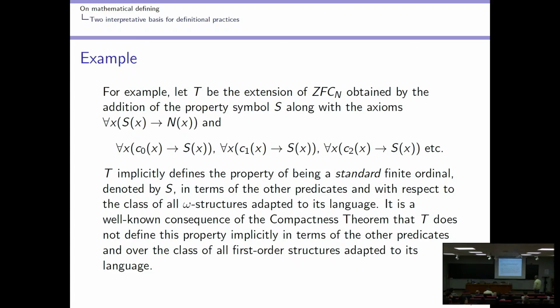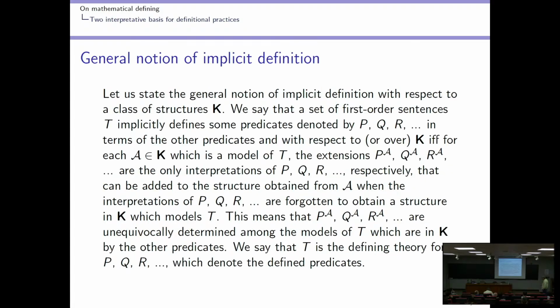It is a well-known consequence of the compactness theorem that T does not define this property implicitly in terms of the other predicates over the class of all first-order structures. That is, we have this general notion of implicit definition relative to K. If we change K, an implicit definition may cease to be a definition.